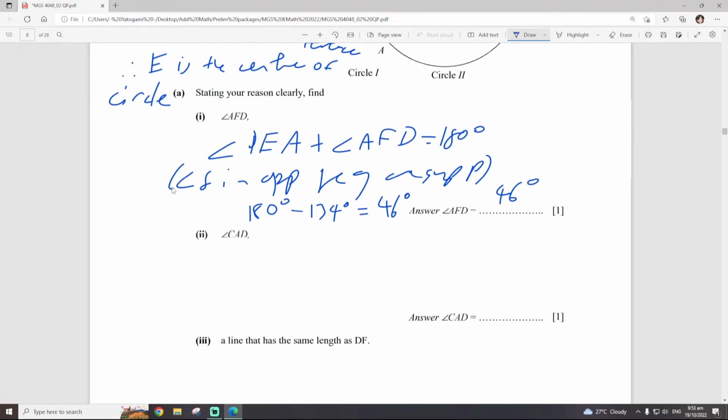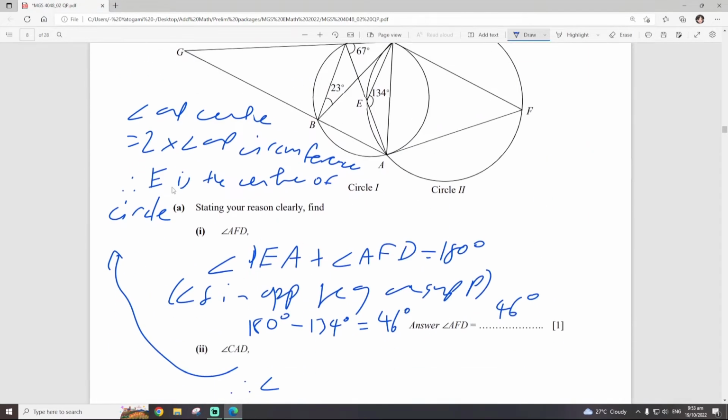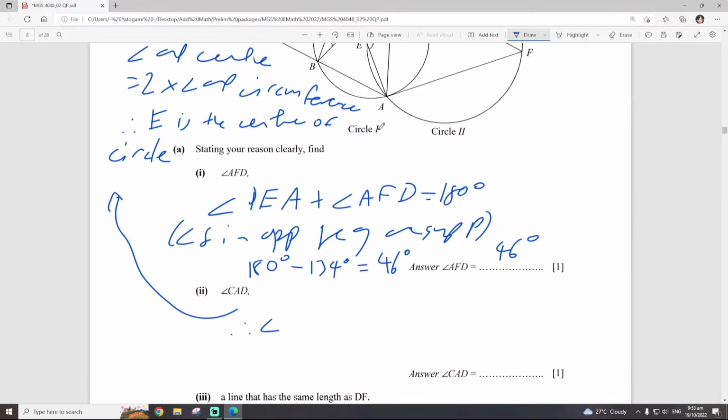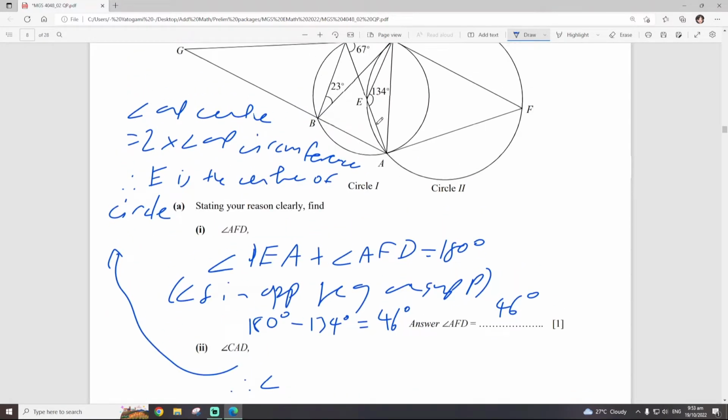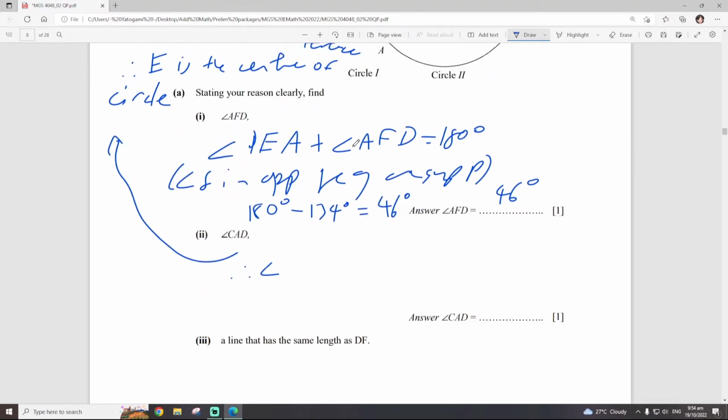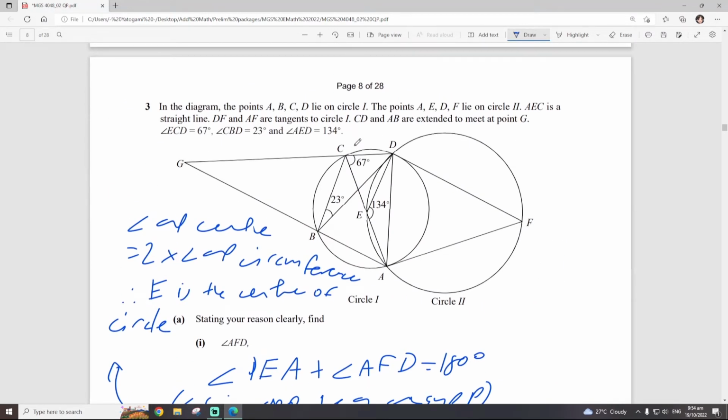Because of, I've justified the above, therefore angle, actually I don't even need that in fact. I can use the fact that base angles of isosceles triangle. So therefore angle CAD equals 90 degrees minus 67 degrees, right?